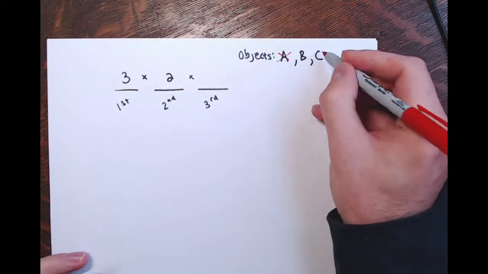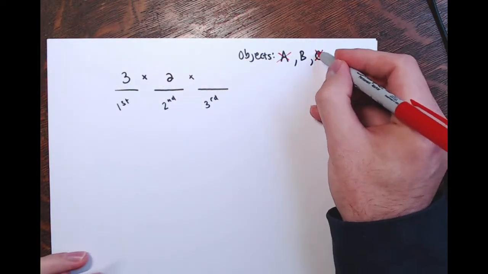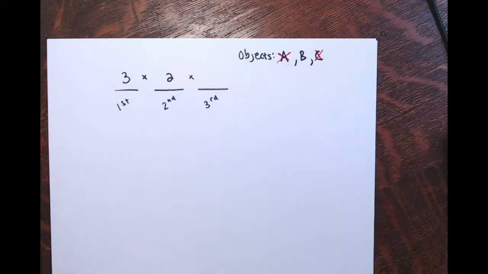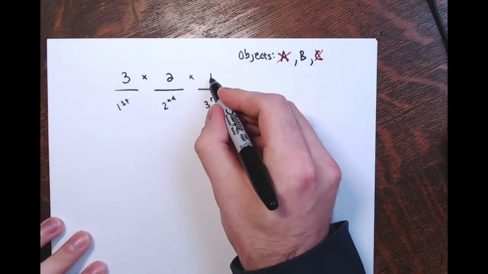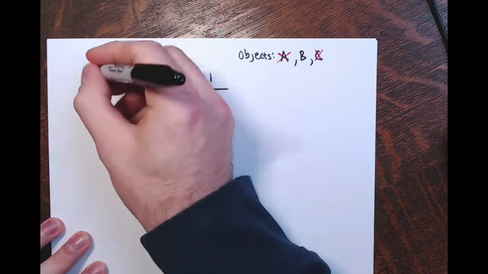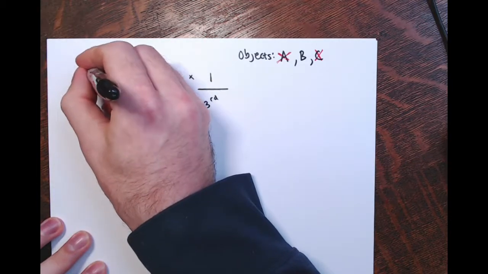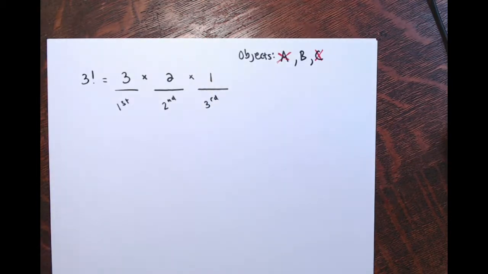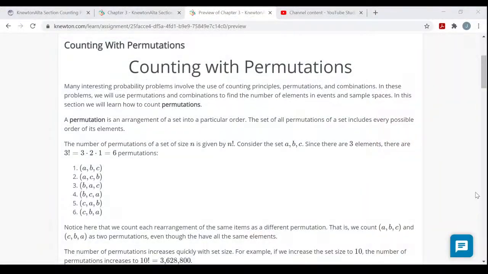And say that was the C. So now C I can't choose, and I can't choose A, and then for the third object I would only have one choice left. So you see that's the 3 times 2 times 1, the 3 factorial. So there are 6 permutations, 6 rearrangements of the 3 objects A, B, and C, and that's all using the fundamental principle of counting.